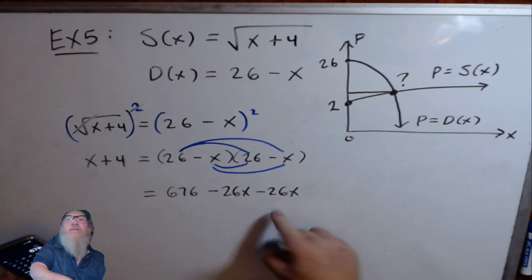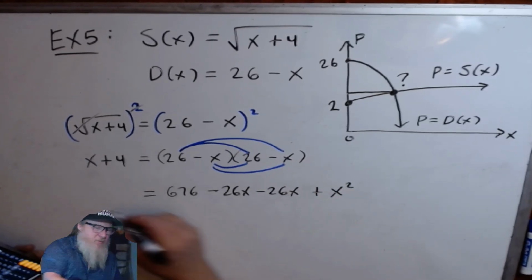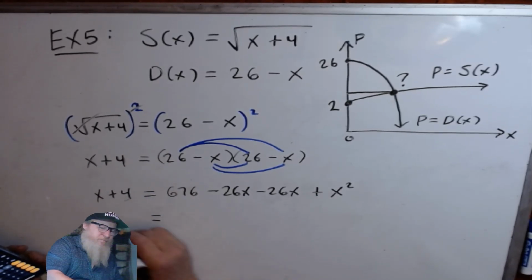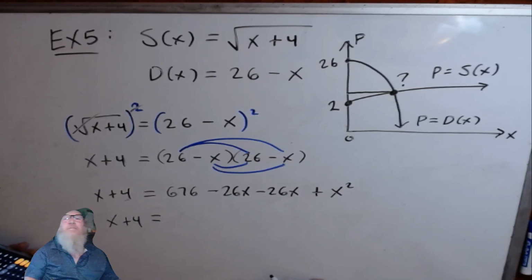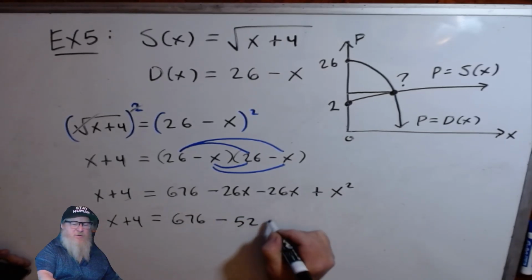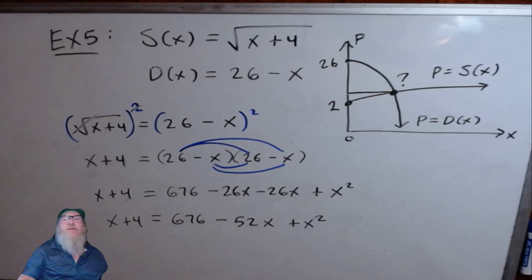Those are both negative, and then a positive x squared. So 676 minus 52x plus x squared.